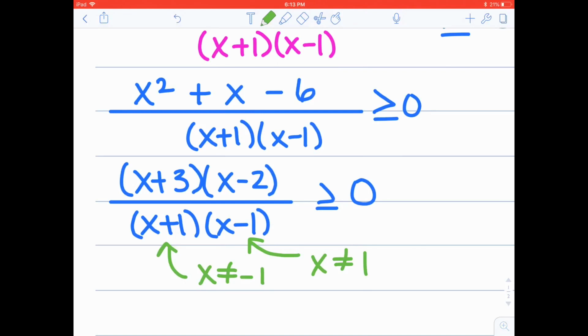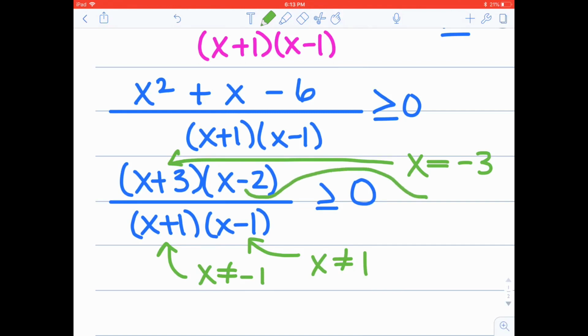Now on the top, if x equals negative 3, then that's going to make the whole fraction equal 0. Because I have this equal to part where I can equal 0, that's okay, so x is allowed to equal negative 3. Based on this factor, I know that if x equals positive 2, then the fraction will equal 0, and again, because of this equal to sign, we're allowed to have that.